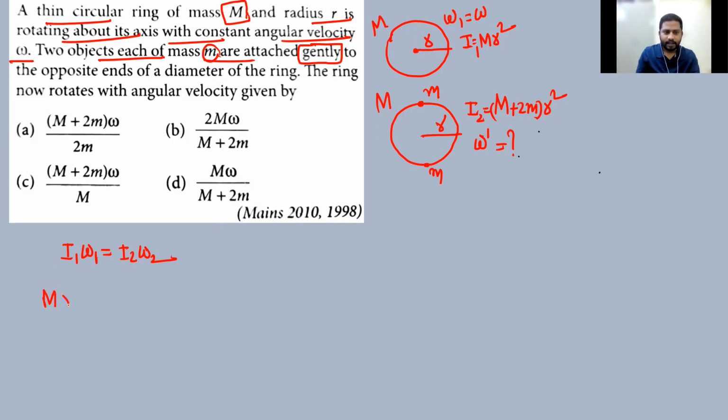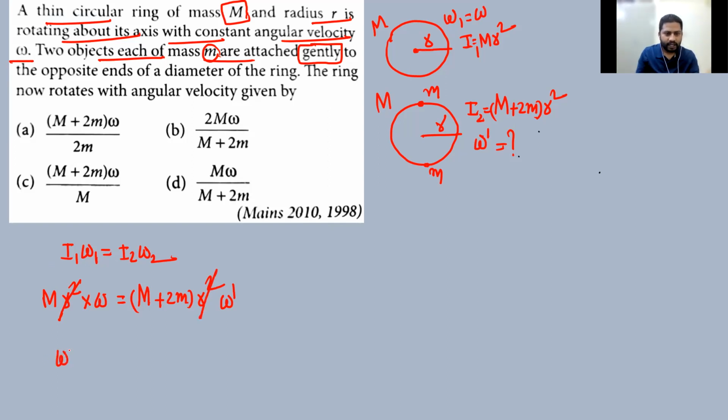I1 is M r square into omega, which is equal to I2, capital M plus 2 small m into r square, into omega dash. That omega dash we are going to find. So r square cancels.